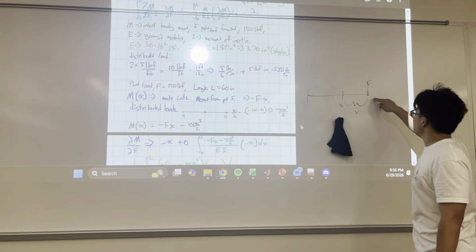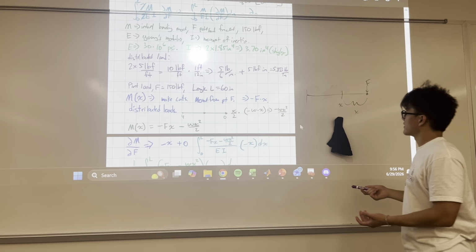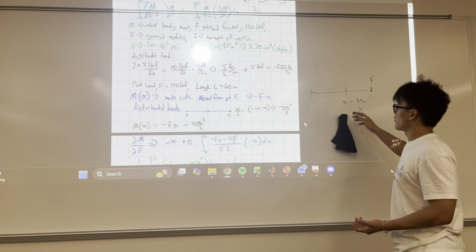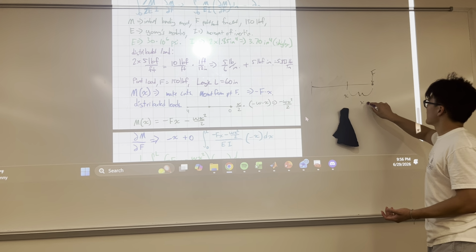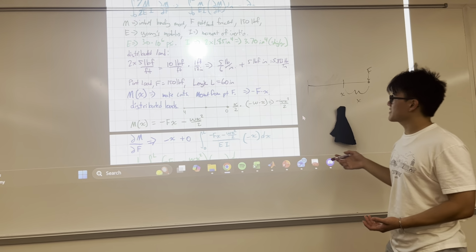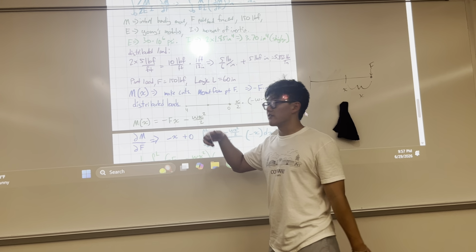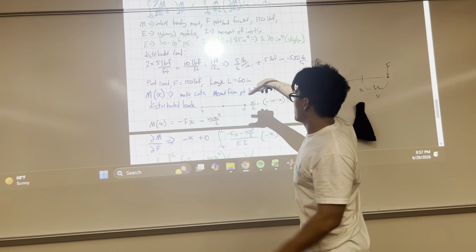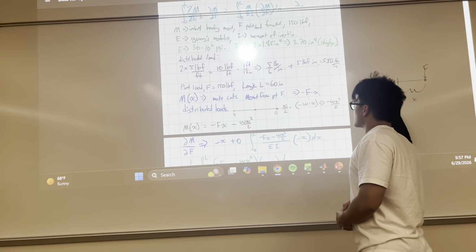The equation for the moment is force times length, so F times X, and there's a negative because of the sign convention: the frowning face bends the beam downwards. So that's why it's negative.